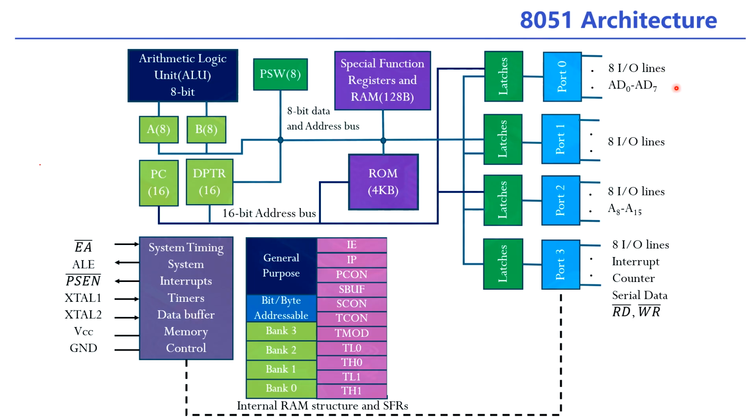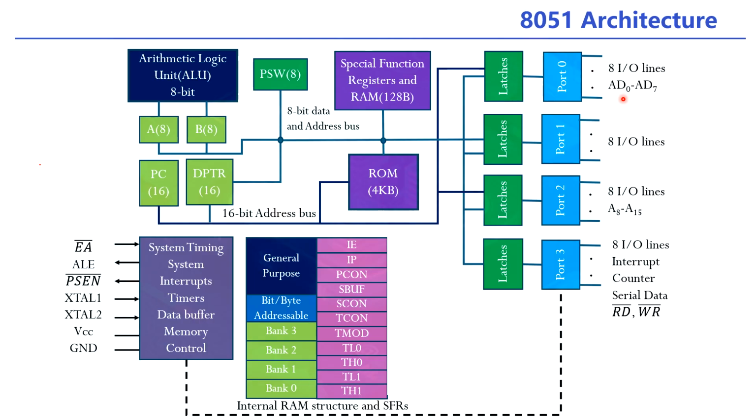Based on standby mode or extended mode of operation, the port 0 lines behave as either 8 general purpose IO lines, GPIO lines, or they are also used for generating the lower order address and data bus.